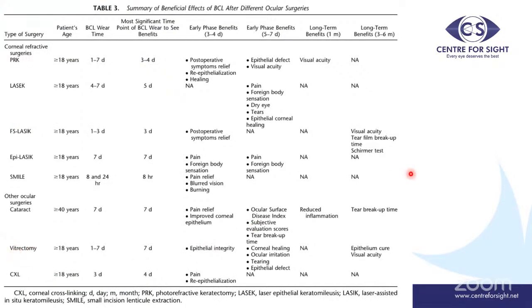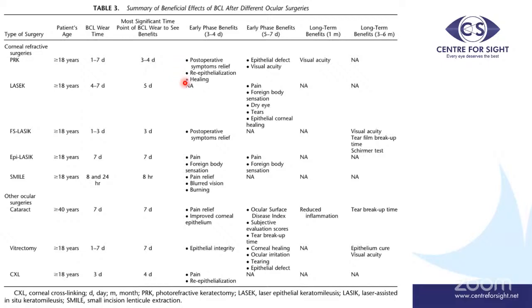This is a tabulated chart I found which summarizes the use and the effect of BCL. Firstly, in PRK surgery, generally preferred over the age of 18, BCLs can be kept in situ for 1 to 7 days, and a minimum of 3 to 4 days it's generally incorporated.